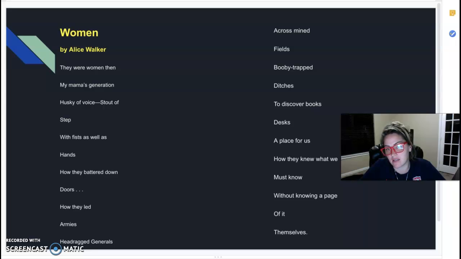And that's so important. And so this piece sort of highlights that, specifically in regards to the strong women that the narrator comes from. And that is why the paradox at the end of this poem is so powerful, because there's so much passion and purpose behind what this author is saying.